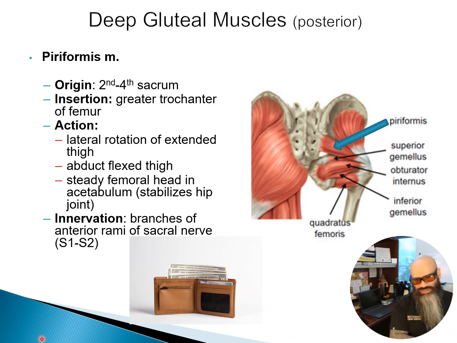It originates from the sacrum and inserts at the greater trochanter of the femur. It performs external rotation of the hip joint, with innervation from the sacral plexus, S1 to S2. Just know that it is an external rotator of the hip, inserts at the greater trochanter and originates from the sacrum.